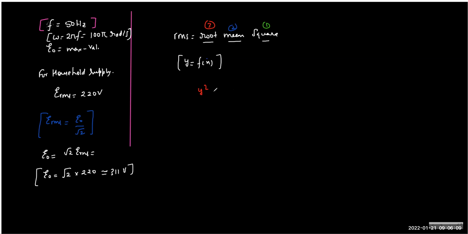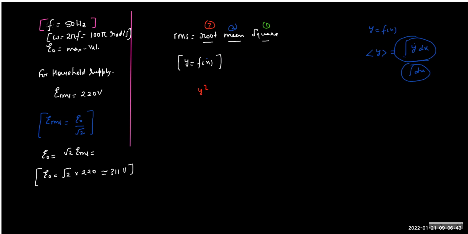And how do we define the mean value? The mean value of any function, I have explained this in kinematics, is defined as the integration of y dx upon the integration of dx. So you take the function and integrate with the independent variable, and you divide by the range, because this is the area under the curve and this is the range for which you're trying to find the area.